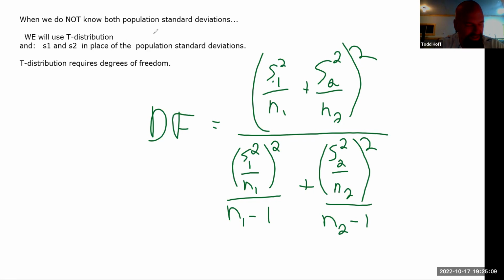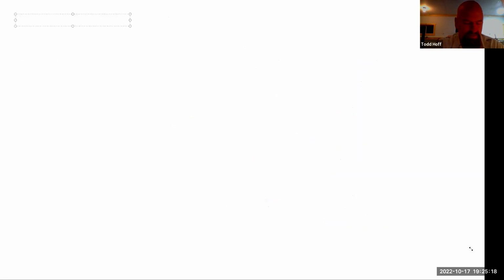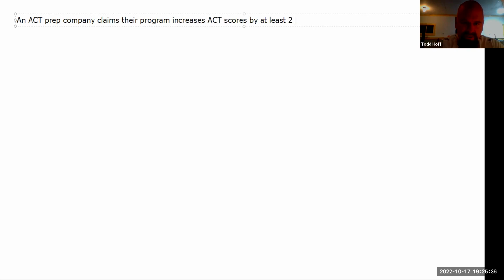So let's take a look at an example here of how we would do this. Here we have an ACT prep company that claims their program increases ACT scores by at least 2 points. Independent random samples were taken.